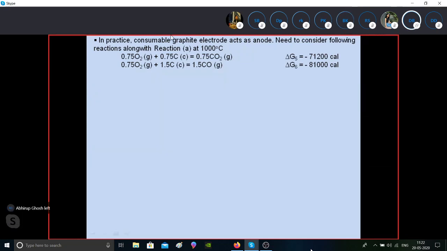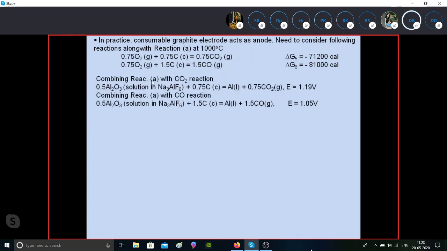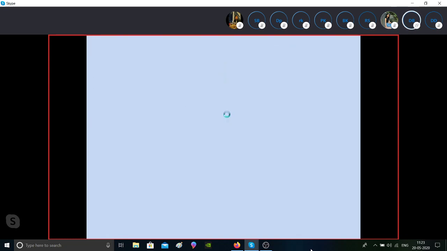You understood that from the standard Ellingham diagram, we will get the value for 1 mole of oxygen, but my reaction involves 0.75 oxygen. Therefore, the value needs to be suitably modified. With that modification, I land up with G5, G6 as such and such. So you combine this reaction with reaction A. What is my reaction A?